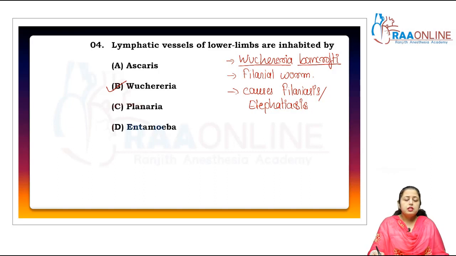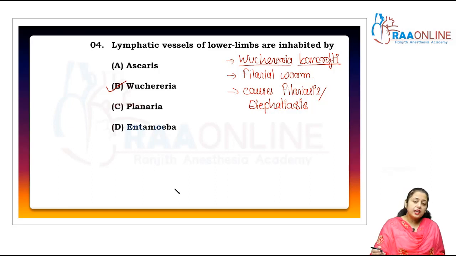So actually the patient's limb, specifically the lower limbs, is affected, and it is converted due to the blockage of the lymphatic vessels, right? It gets thick and thick and thick, converted into an elephant-like leg, right? Wuchereria bancrofti or Wuchereria malayi, these are the two species responsible for filariasis, which is also known as elephantiasis.